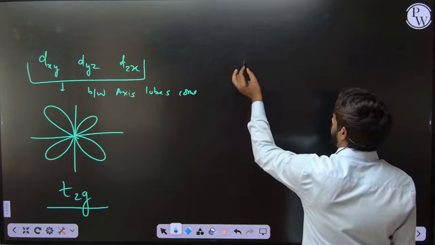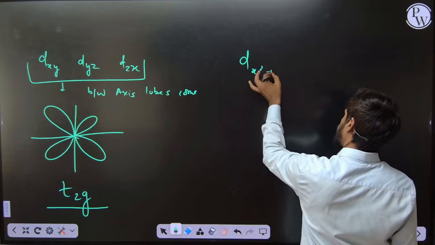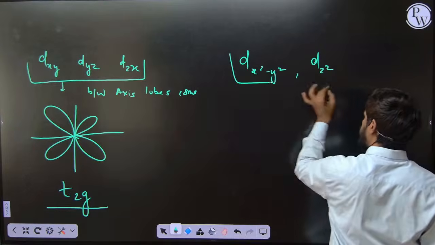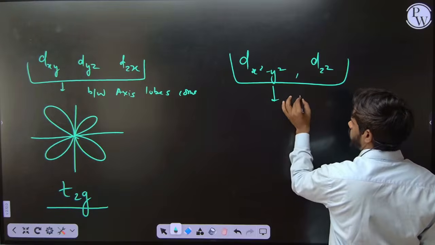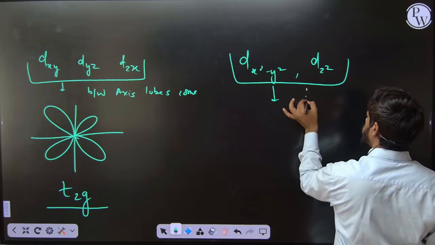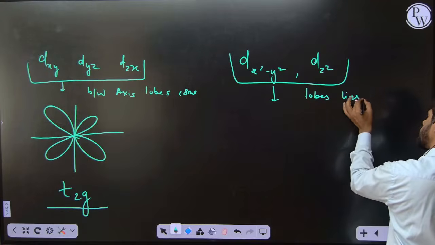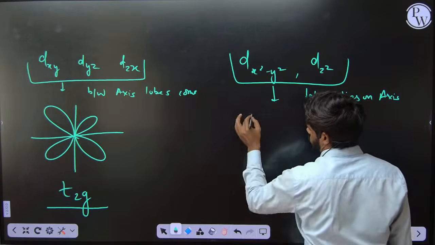And the other type of d orbital is dx square minus y square and dz square. This set of orbitals is known as what? In this case, the lobes lie on the axis.